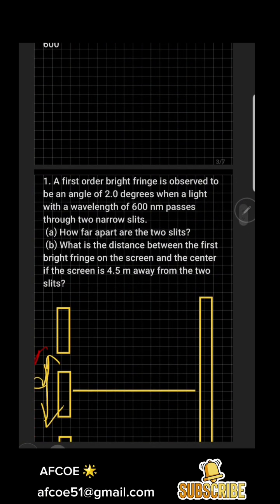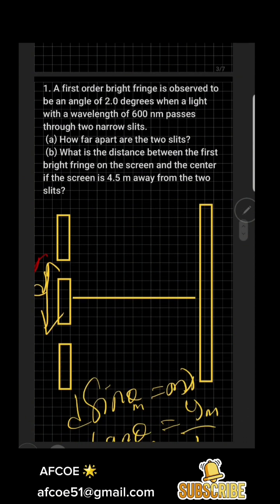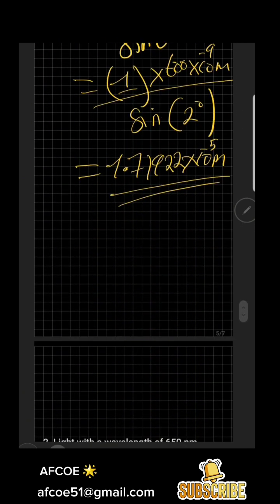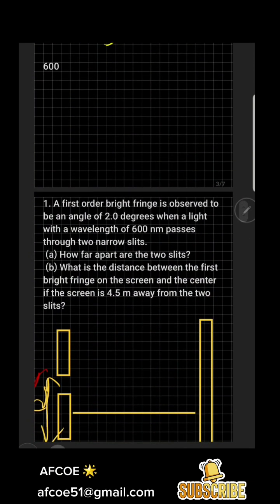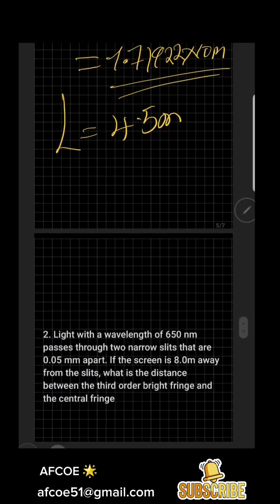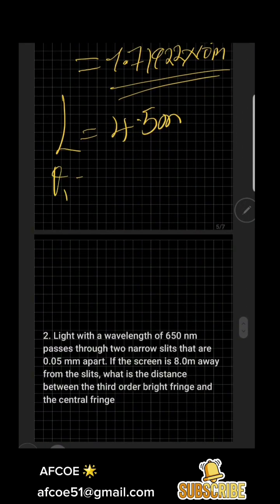And for the second part, they're asking what is the distance between the first bright fringe on the screen and the center if the screen is 4.5 meters away from the two slits. So here L is 4.5 meters, the distance between the slit and the screen, and we already know our angle theta 1, which is equal to 2 degrees.